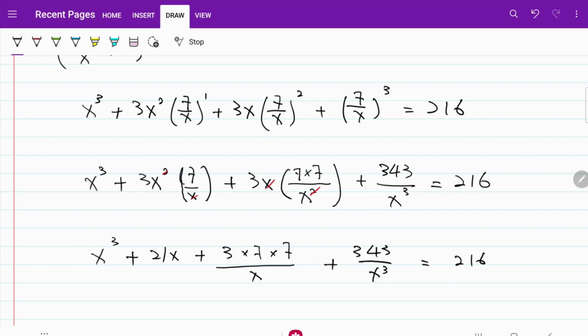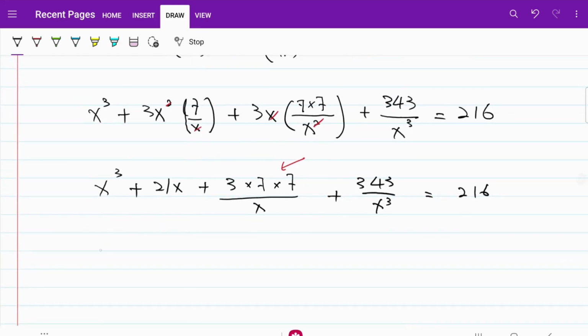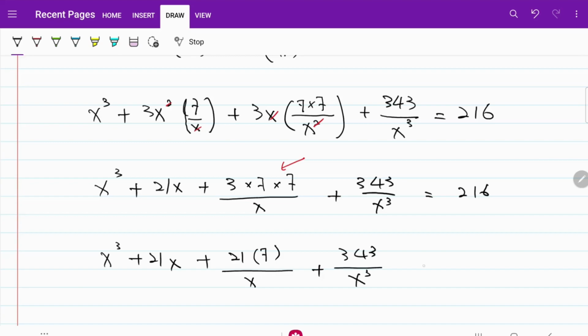On the part right here, it was intentionally written this way because we are going to do a step of factorization. So this is how it looks. I'm going to do x cubed plus 21x plus 21 multiplied by 7 over x plus 343 over x cubed is equal to 216.